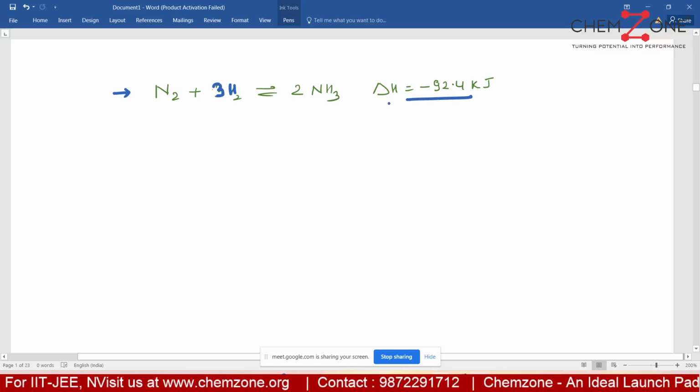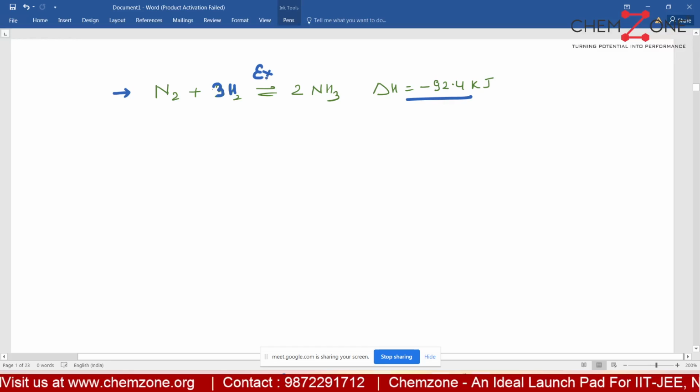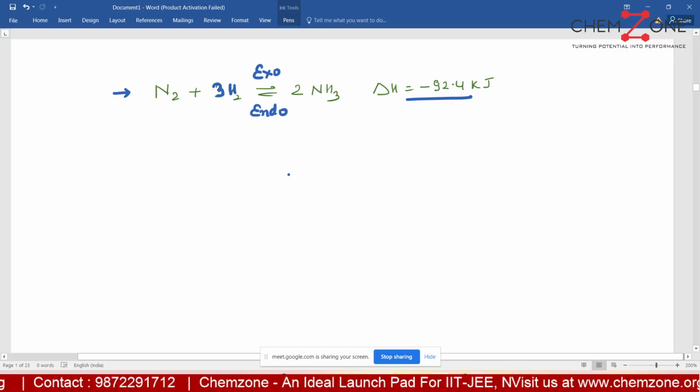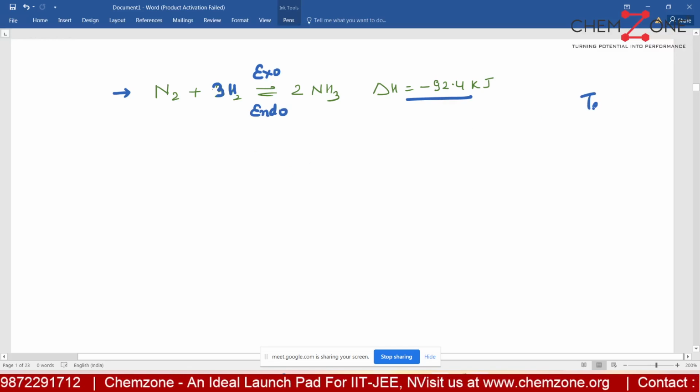This is an exothermic reaction. The forward reaction is exothermic, so the backward reaction will be endothermic.